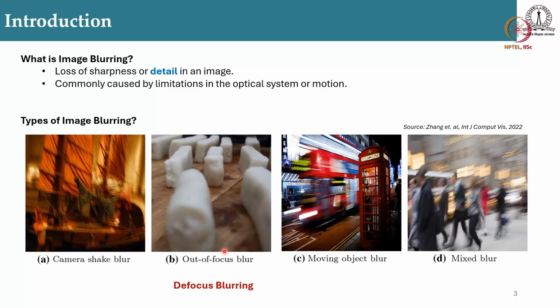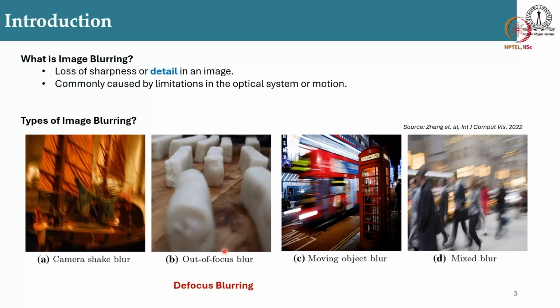In front of the camera, there is a particular plane over which, if you place something, it will look very crisp. But if you move that object away from that plane, towards the camera or away from the camera, keeping the camera fixed, it becomes more and more blurred. You can also control the extent of blurring, how it changes as you move away from that plane. But there is always a blur, and this is known as out of focus blur.